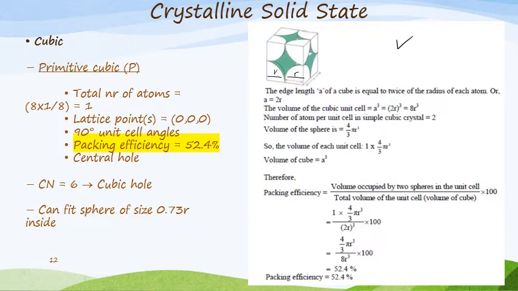That means the edge length of the cube, side a, is equal to 2r. You can continue from that point forward. The steps in this procedure of calculating the packing efficiency are pretty straightforward.